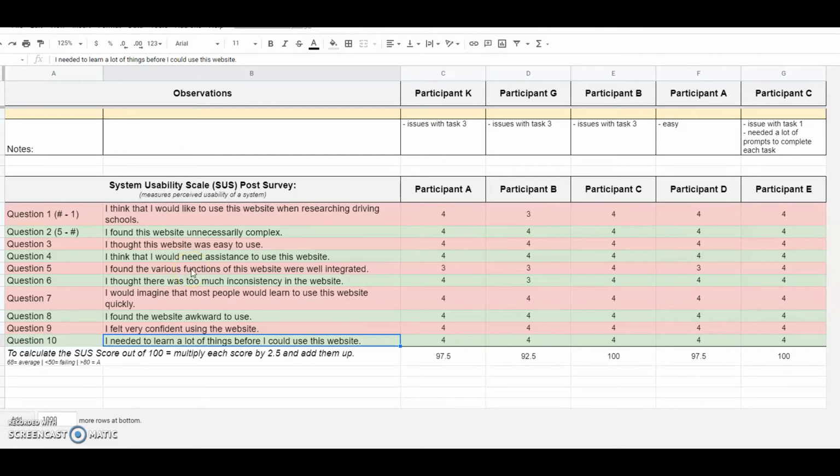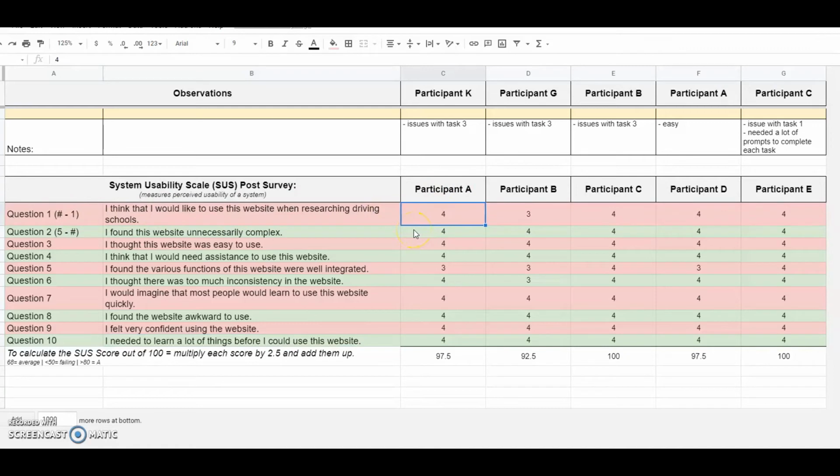So now that that's out of the way, the next step would be to put the individual score. So for all of the odd number ones, you put the number that they rated, so 1 to 5, minus 1. So for example, participant A put a 5 for this question. And so I'm going to do 5 minus 1 equals 4.